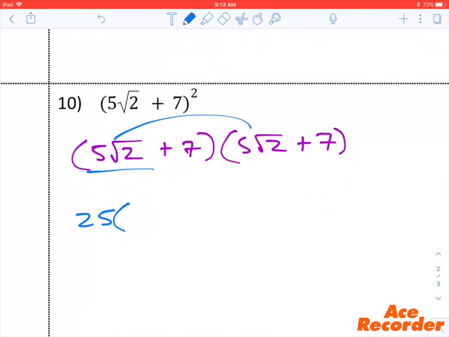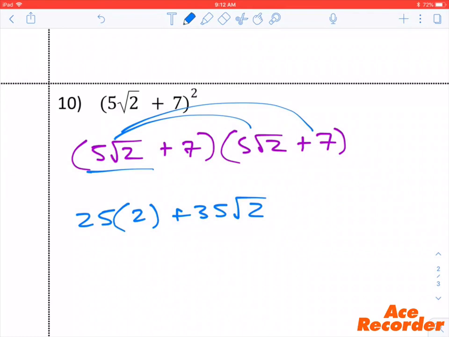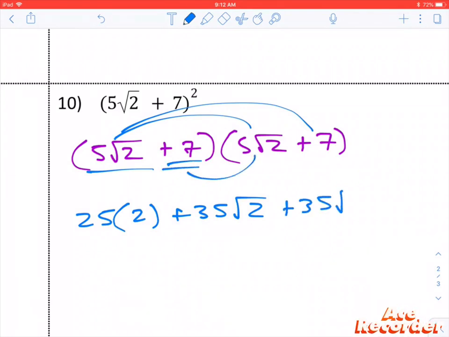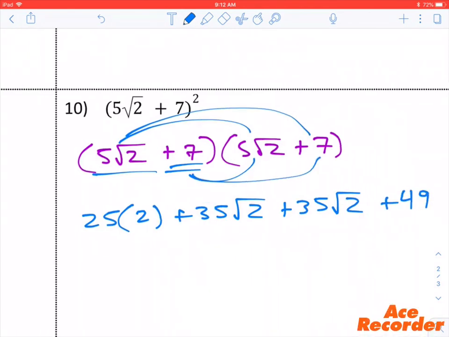And again, square root of 2 times square root of 2 is just what's inside, 2. Do the same thing here. 5 times 7 is 35 square root of 2. 7 times 5 is 35 square root of 2 again. And then 7 times 7 is just 49.